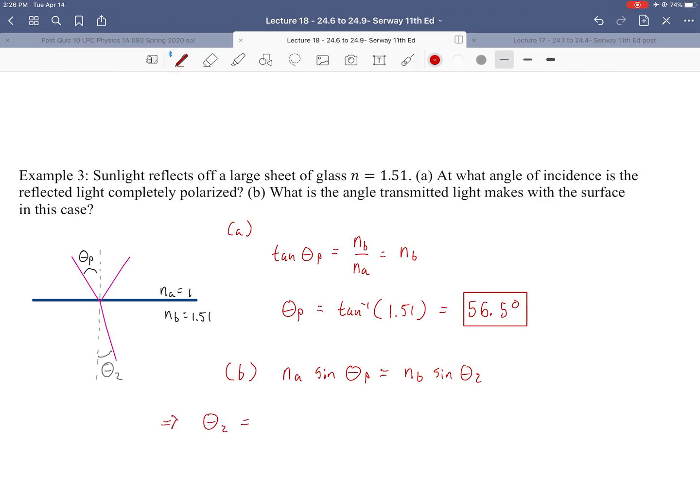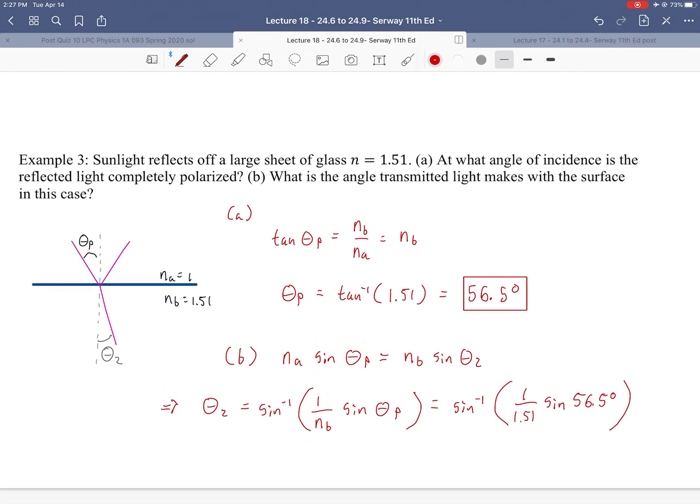Theta 2 is just going to be 1 over NB times sine of theta p, all inside an inverse sine. So that's sine inverse of 1 over 1.51 times sine of 56.5 degrees.